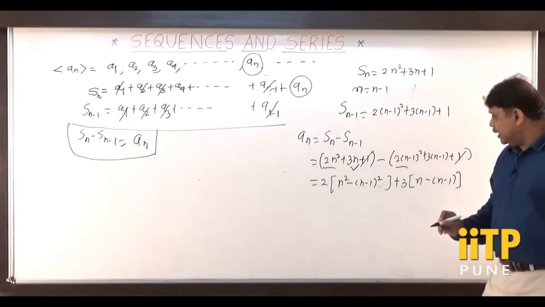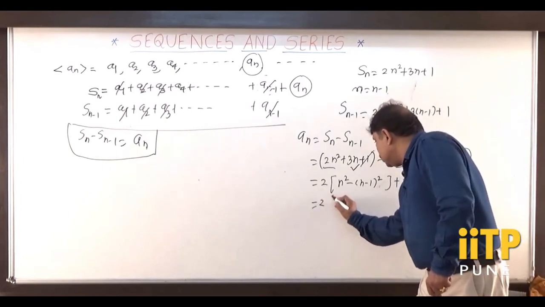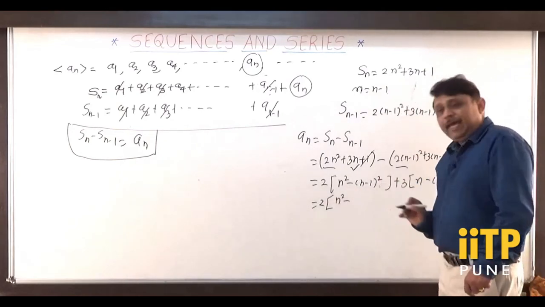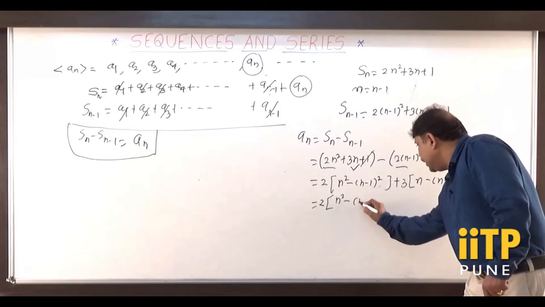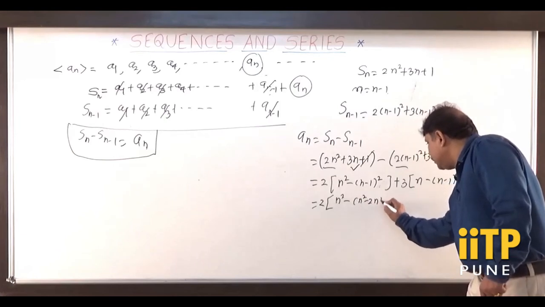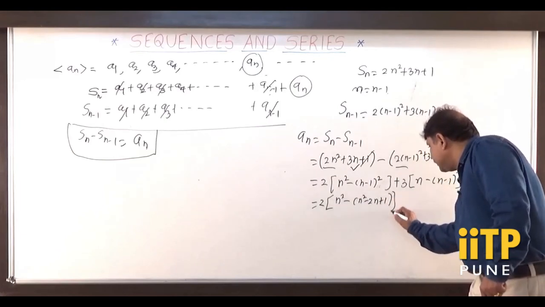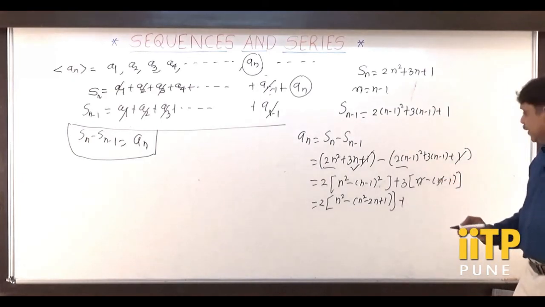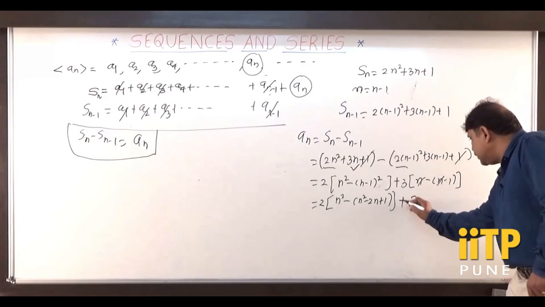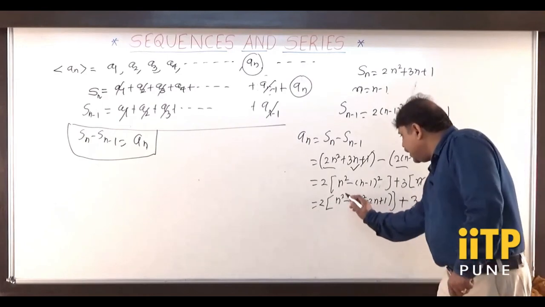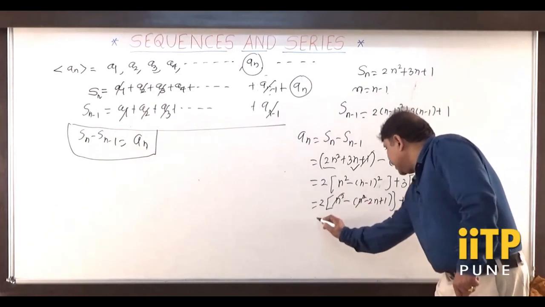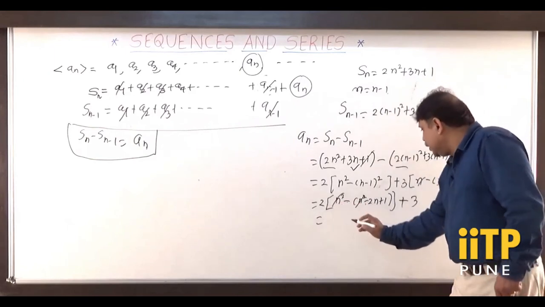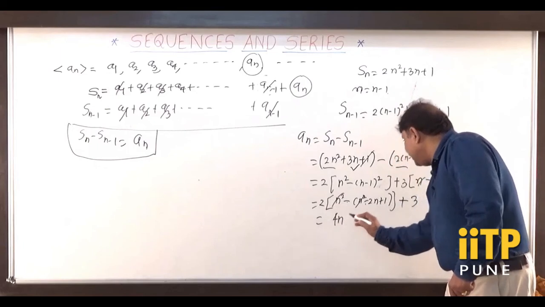1 is already cancelled. Now what we are getting is 2 into [n square minus (n minus 1) square], and (n minus 1) square is n square minus 2n plus 1. Plus, here n is getting cancelled, leaving 1 multiplied by 3, which is 3. So here again n square is cancelled. We are getting minus minus plus 2n multiplied by 2, which is 4n.